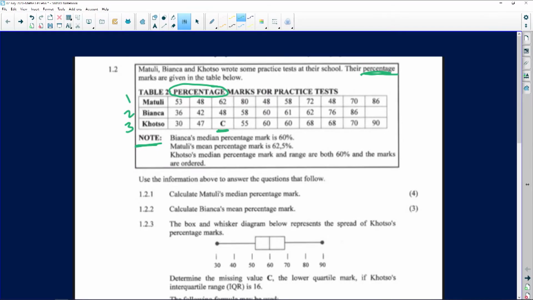Okay, the next one says to us, Matuli's mean percentage mark is 62. So already you can see we've got median percentage mark and we've got mean percentage mark. A little side note again, whenever you are asked for the mean, so this is us coming back to our terminology. You need to know your terminology when you walk into a maths literacy exam.